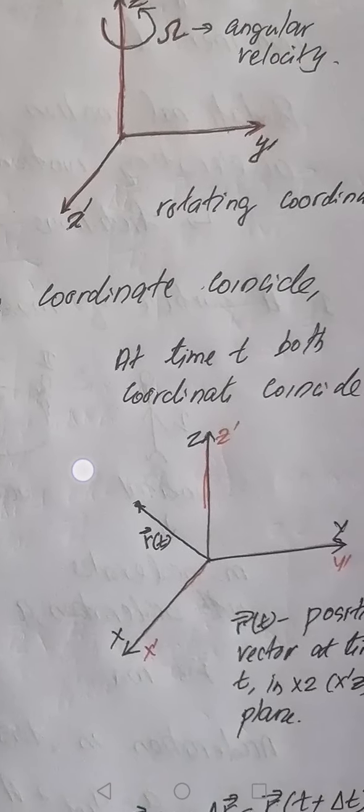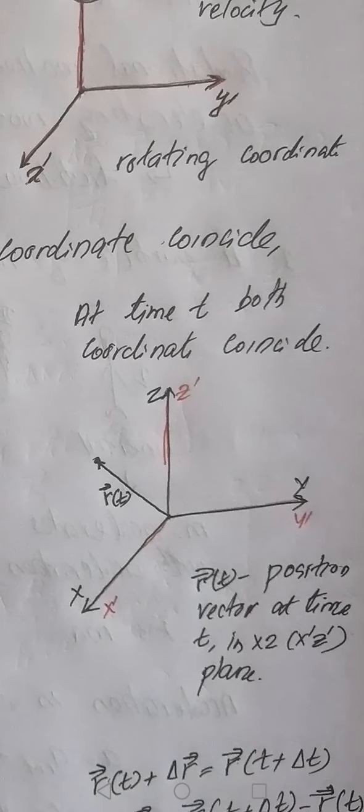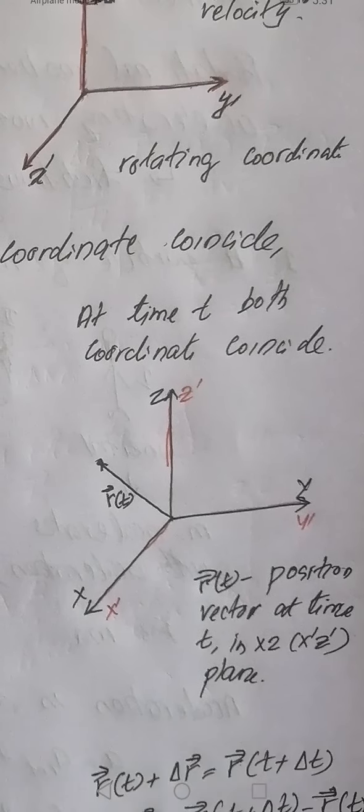Now I'm considering any time. The rotating frame is rotating, and at any time t the coordinates will coincide, meaning x coincides with x prime, y with y prime, and z always coincides with z prime, because it is rotating about this axis.